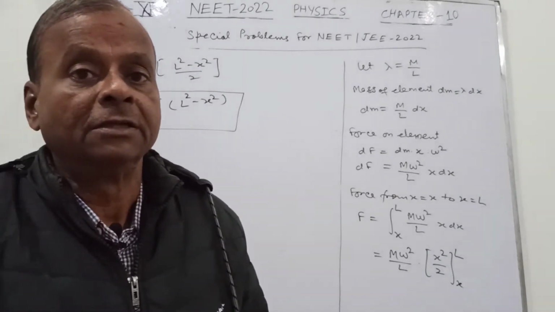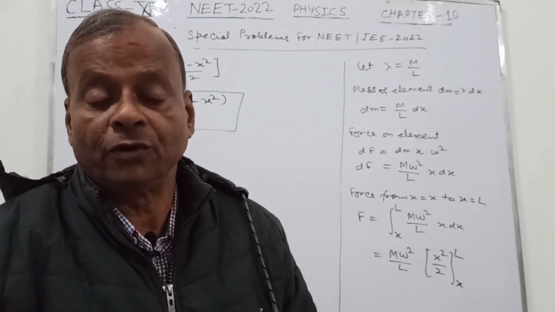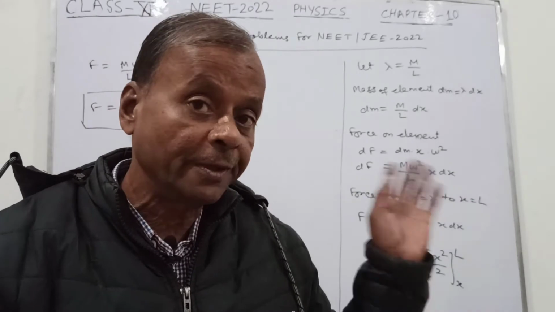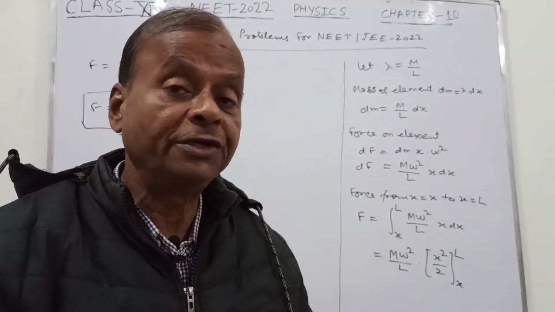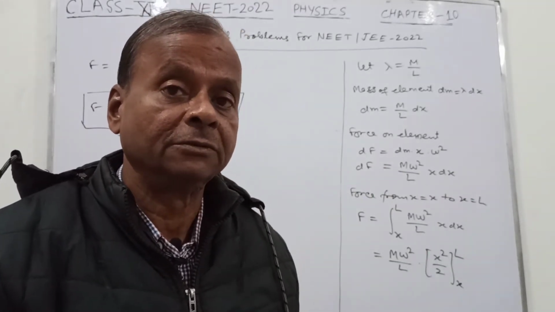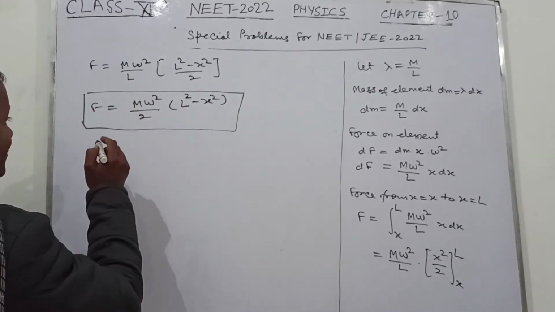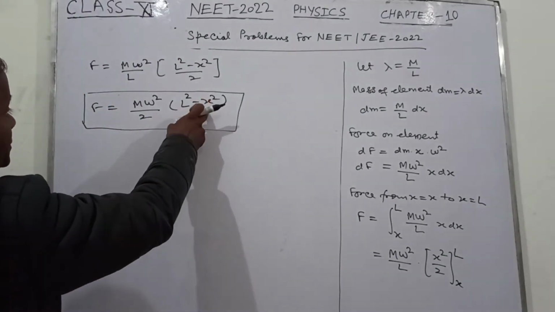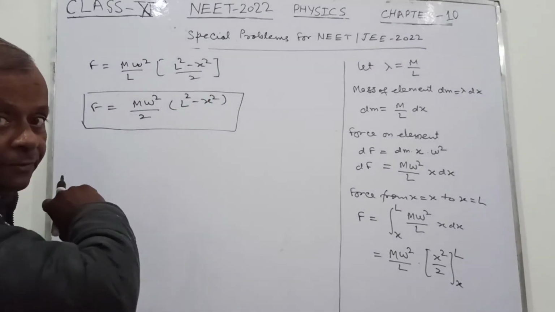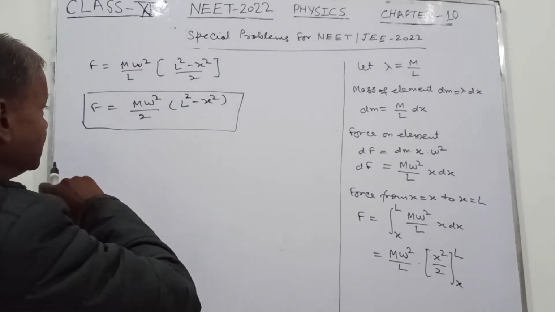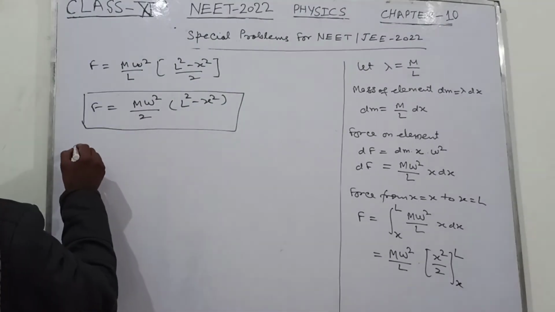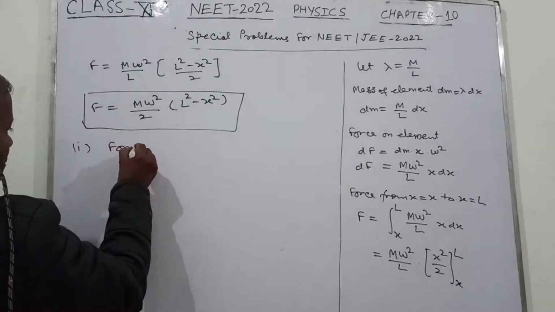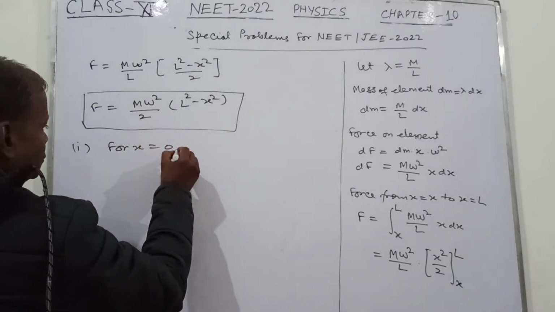That is, x may be L/4, L/2, 3L/4, and then x equal to L. So we take the different situations. As you see from here, when x is small, the force will be maximum. So we take the first case, x equal to 0.